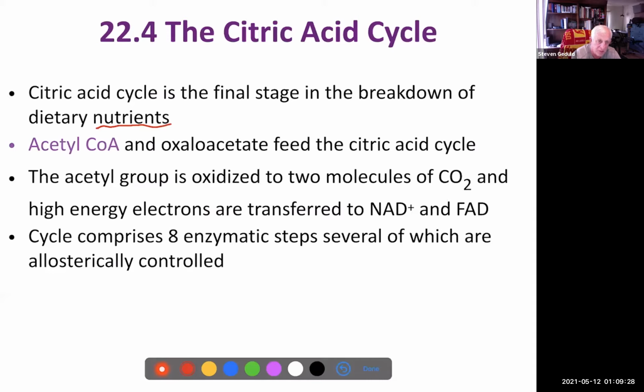And pyruvate comes down with acetyl coenzyme A to enter the citric acid cycle. Acetyl coenzyme A and oxaloacetate feed the citric acid cycle. So acetyl coenzyme A bonds to the pyruvate, gets it started. Oxaloacetate is the first component in the citric acid cycle.